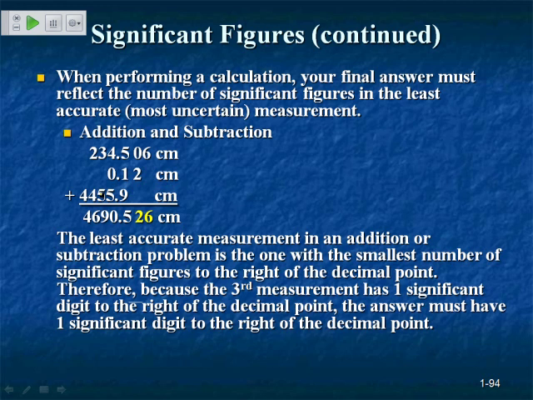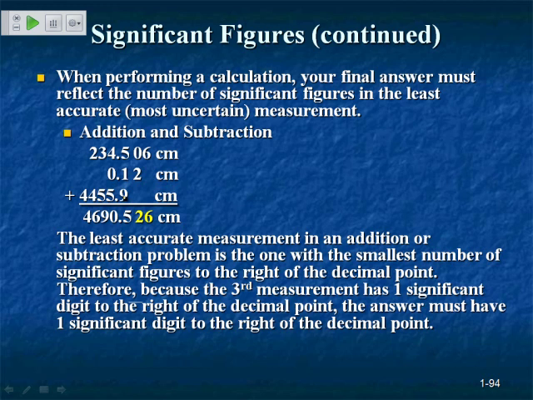We will pay attention to each of these numbers. How many places are there after the decimal point? The first number has 3 places after the decimal point. The second number has 2 places after the decimal point. The third number has only 1 place after the decimal point, right? So your answer should have only 1 place after the decimal point.